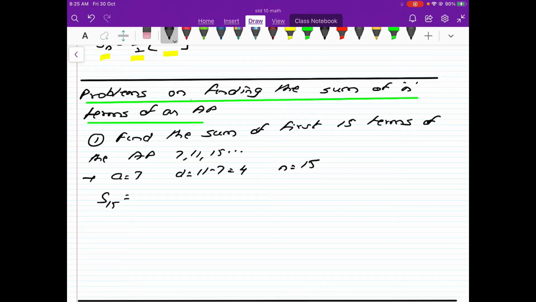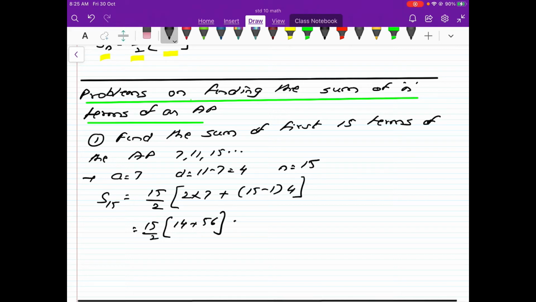It is written as S15 is equal to 15 upon 2 into (2 into a, that is 7, plus (n minus 1), so 15 minus 1, into d, which is 4). So this is 15 upon 2 into (7 twos are 14, plus 14 fours are 56). So this becomes 15 upon 2 into 70. So this gets cancelled, 35.